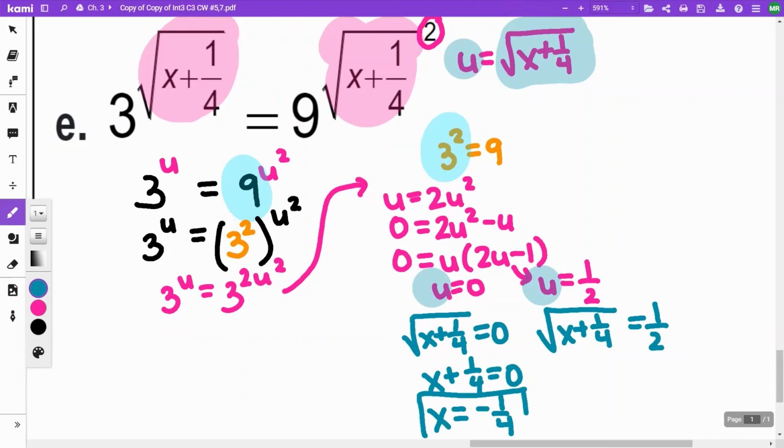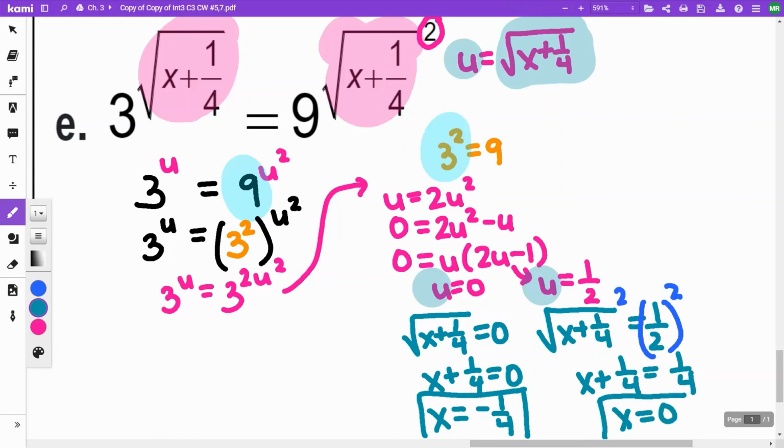On the other one, when I square this whole side, that whole fraction, I am going to get x plus 1/4 is equal to 1/4. I'm going to subtract 1/4 from both sides and I get 0. Those are our two answers.